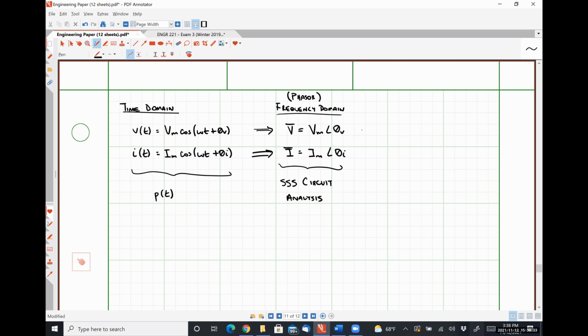Our last change is the RMS frequency domain, where V with a squiggle over it instead of a bar over it is simply V with a bar over it divided by square root of 2, or Vm over root 2 with an angle of theta V, which is the same as V RMS angle theta V. And our currents will follow suit.